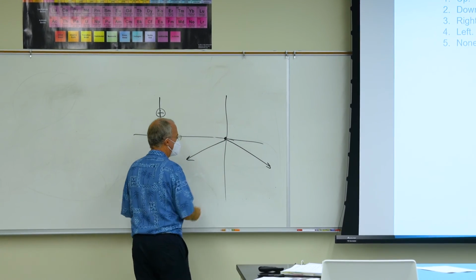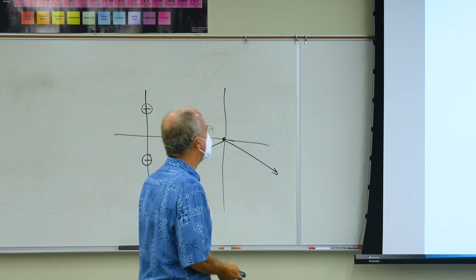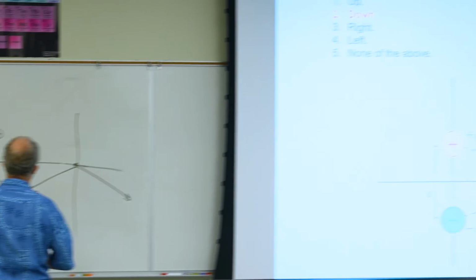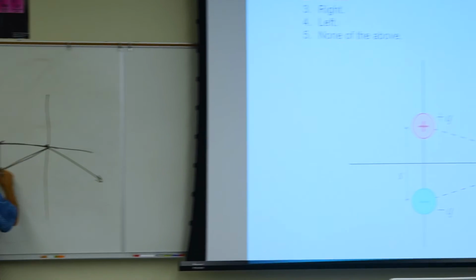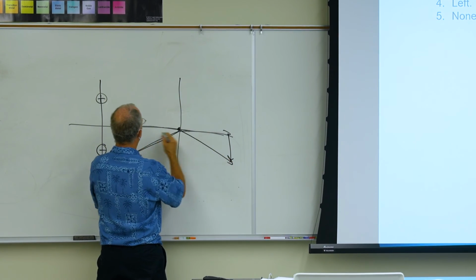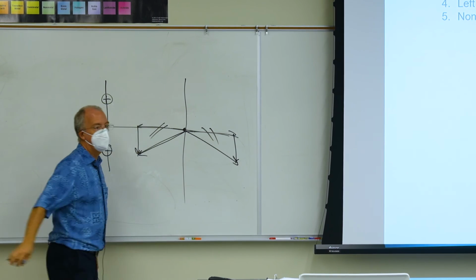And so what's the answer? Let's vote! Okay, so this could be represented as this plus that. This could be represented as this plus that. And this cancels that. So you just have these two downs.